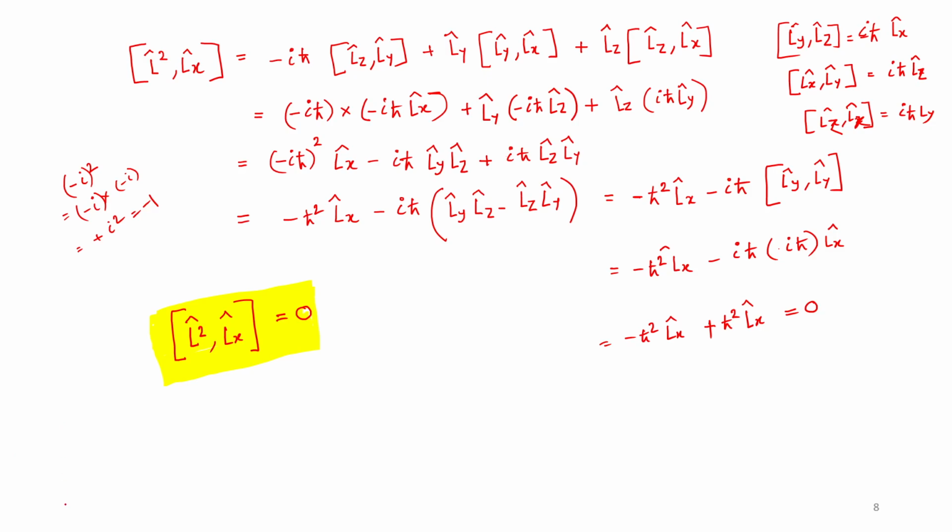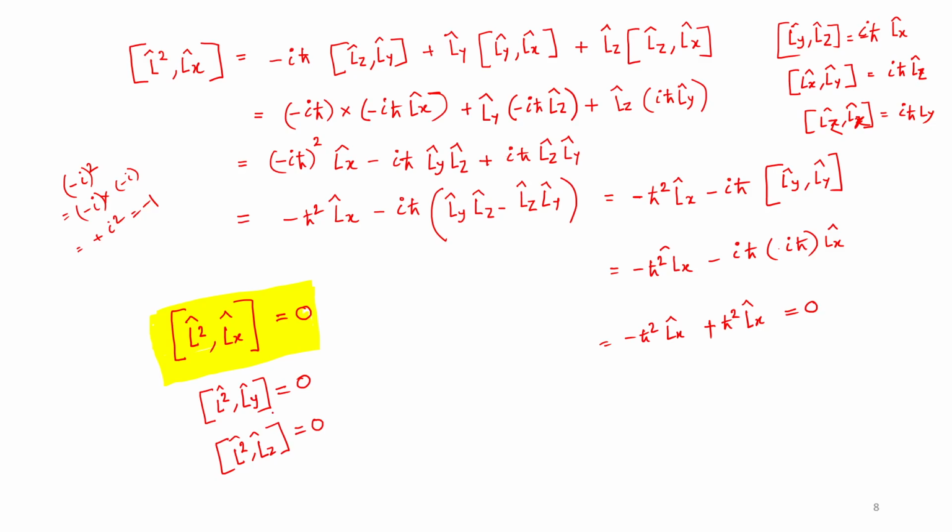So similarly, you can show that the commutator of L square and Ly is also 0, and L square and Lz, the angular momentum along the z axis, is also 0.